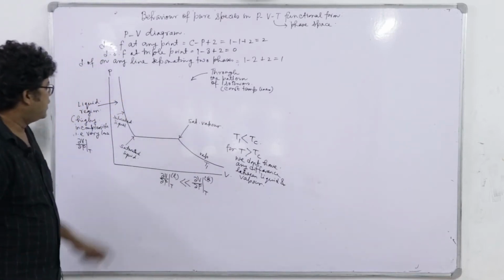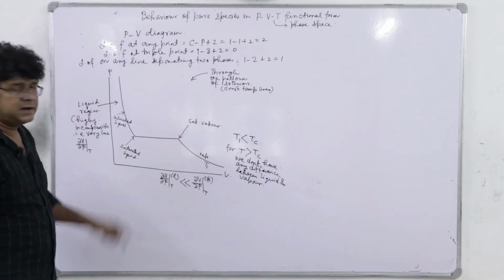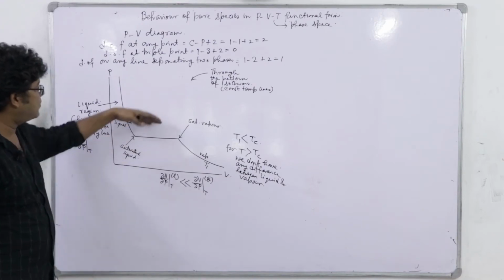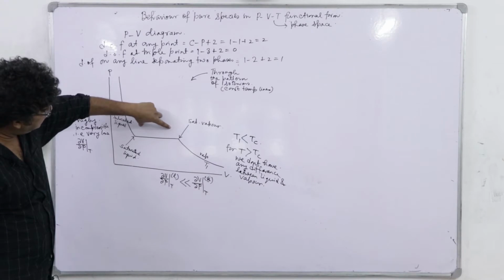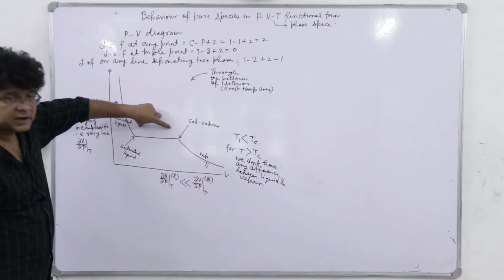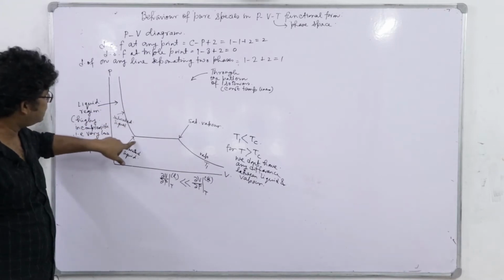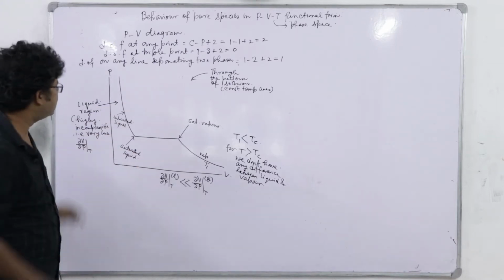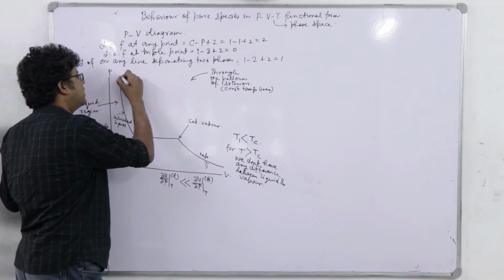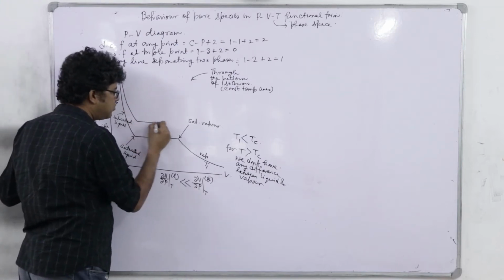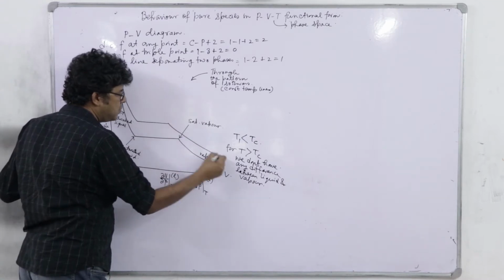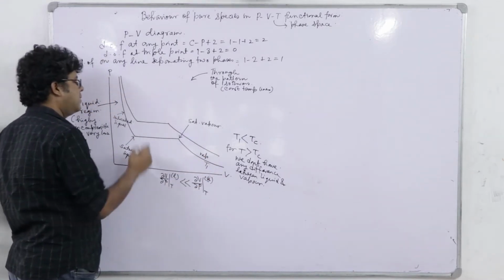Okay. Now, if you repeat that experiment at a bit higher temperature, what we will see? That the change of volume actually reduces, right. The change of volume reduces from the saturated liquid to the saturated vapor. So, the curve looks like this. Okay.